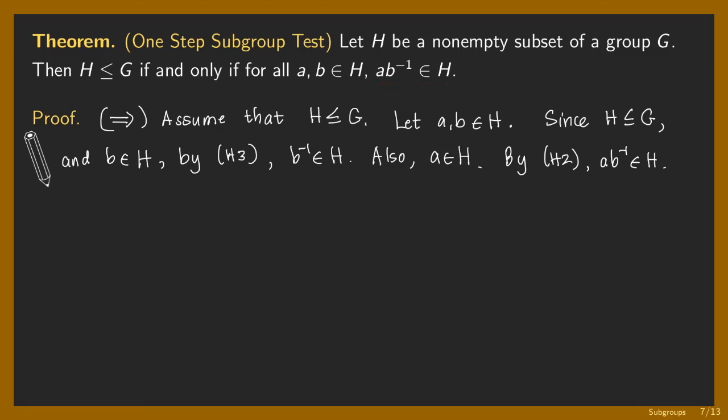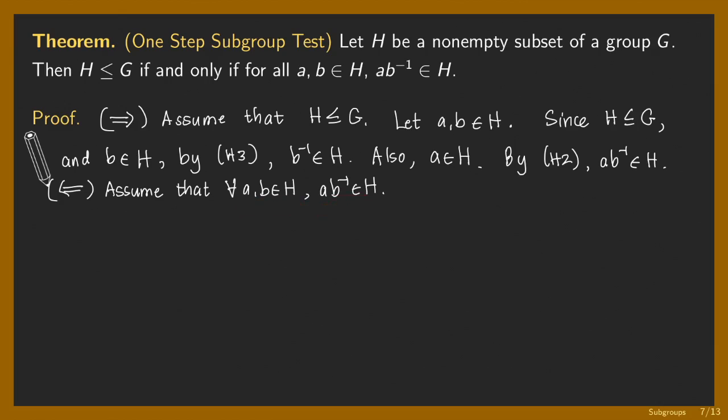So the actual challenge here is the proof of sufficiency, that this condition is sufficient to prove that H is a subgroup of G. So here, assume that for all A and B in H, the product A B inverse is in H. Now take note here that in this context, A and B are actually variables.